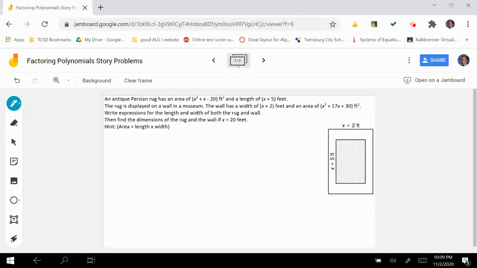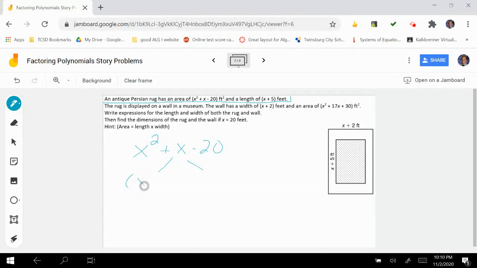Whew. Exactly. All right, so that's why we're going to go over this together, because there's a whole lot of stuff to go on here, right? So the first thing we're going to do is this first part. If we have x squared plus x minus 20 and the length, so they're giving us half of our answer here, right? We just need to be smart and calculate the other half. So how do we do that?